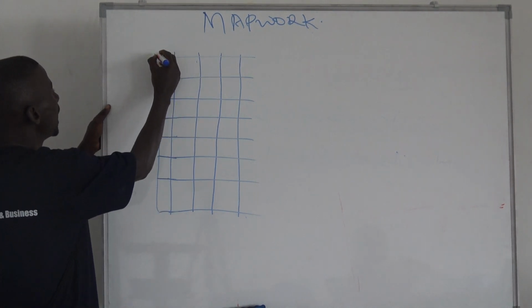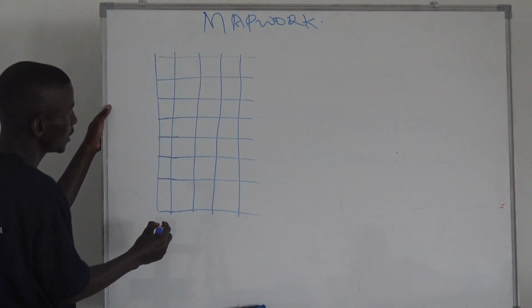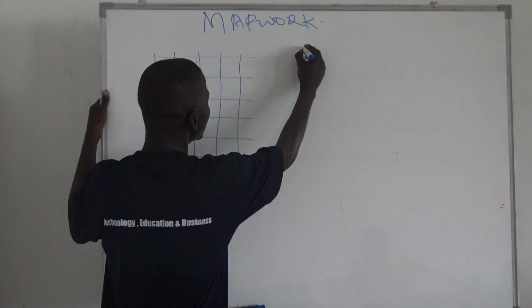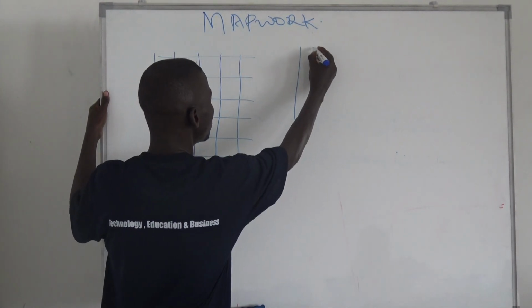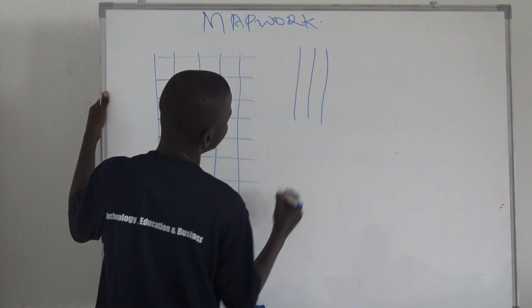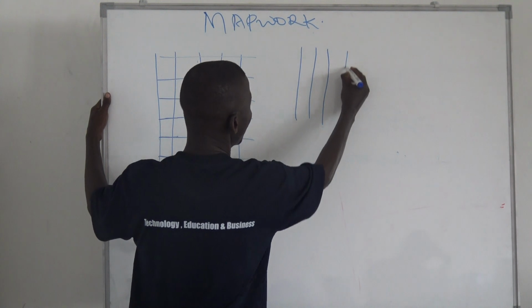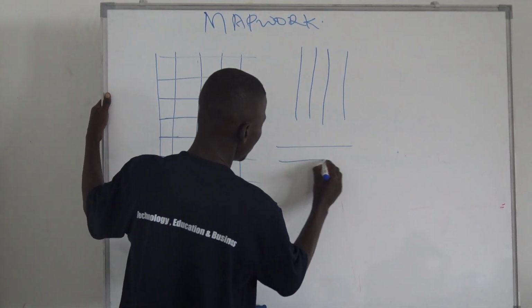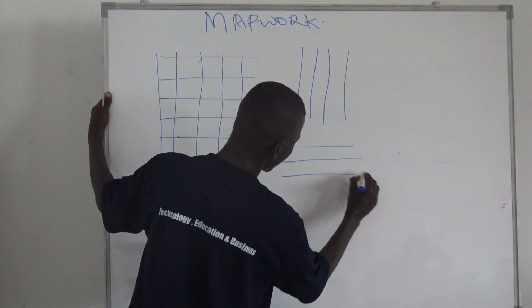these are called grid lines. Grid lines are of two types. Others are moving upwards like this, from the north to the south, while others are going east to west.